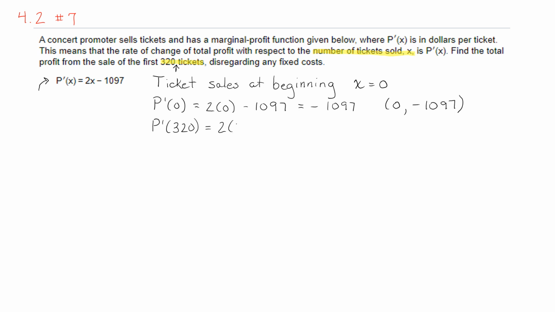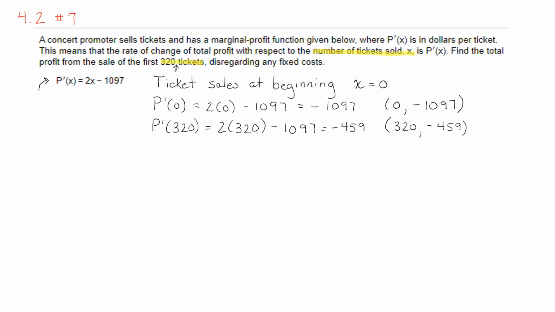So we're going to do the same thing, only this time we're substituting 320 for X, and that will give us a negative 459. And so that gives us the ordered pair of 320 for X and a negative 459 for Y.